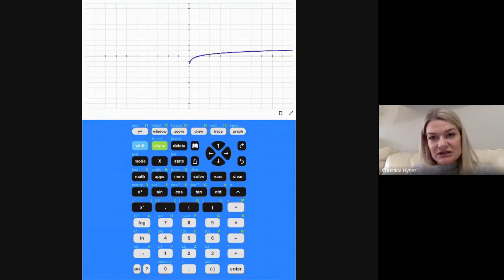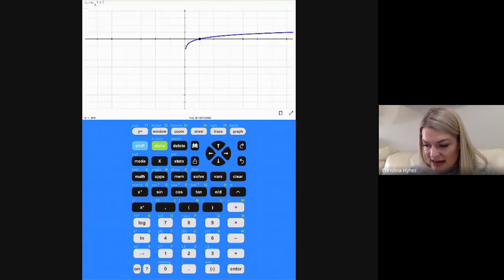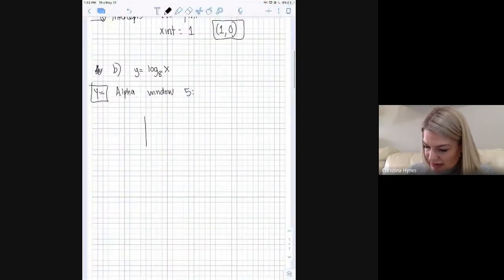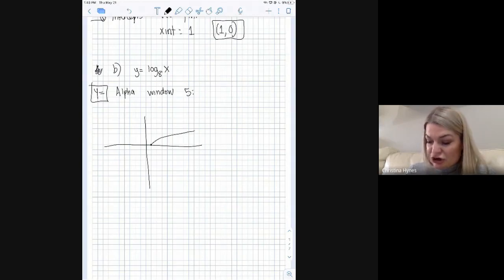When you sketch it, you've got to watch how you draw these. If you look, the x-intercept is still going to be 1. But when I sketch it, it should look something like this. So it goes through 1, but it shouldn't touch your y-axis like we were saying before. You want to get very close to that y-axis, but not really touch it.